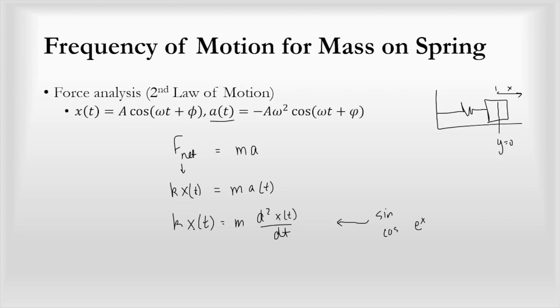And it'll look like this. If I put in what I know about x of t, I'm going to have k, a cosine omega t plus phi, equals m times negative a omega squared cos omega t plus phi. Just plug that stuff in there.